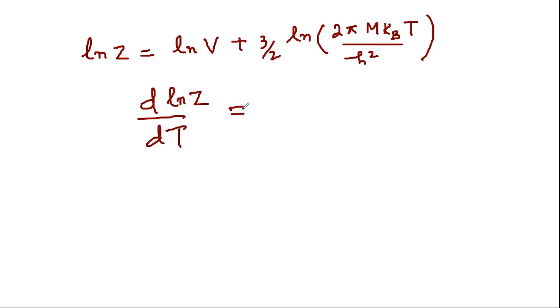I will simply get 3 by 2t. Check this. Differentiate it with respect to temperature. It is easy. So this is my d by dt of ln z, 3 by 2t.